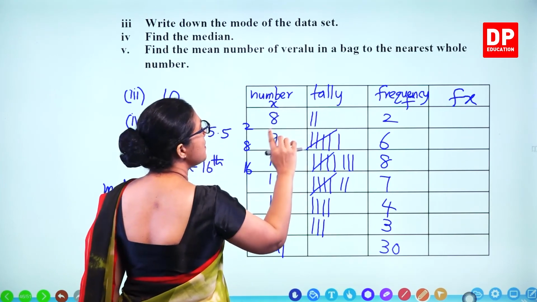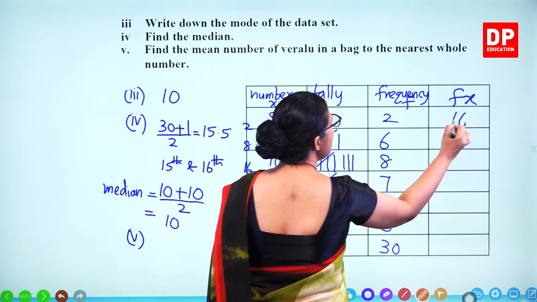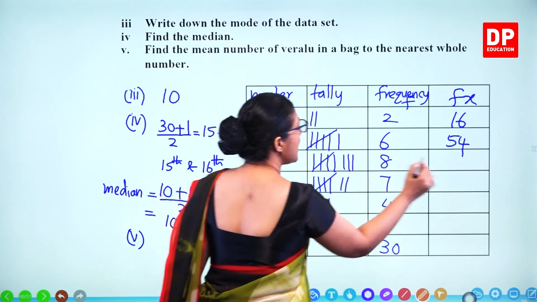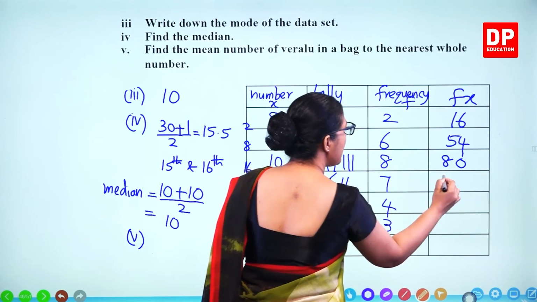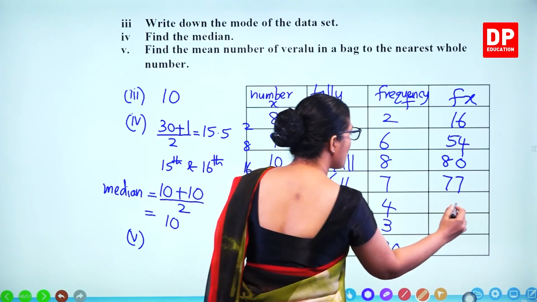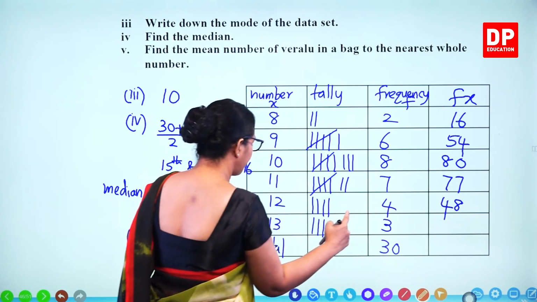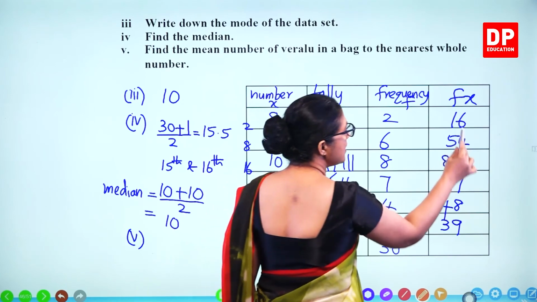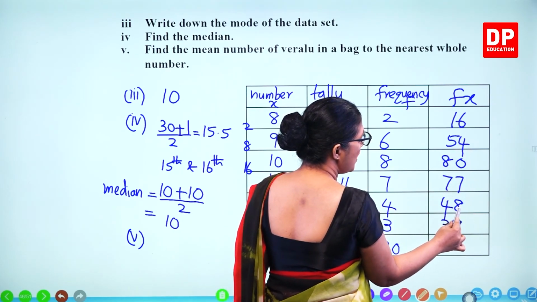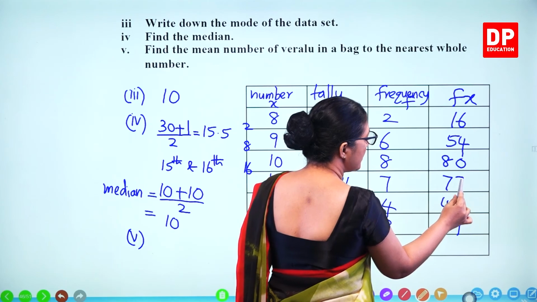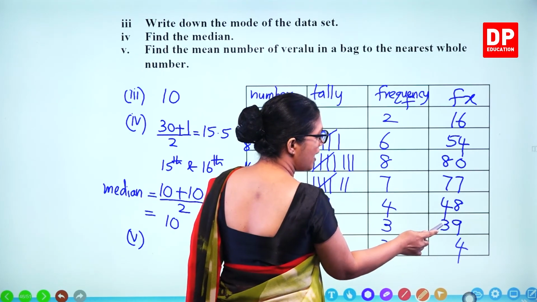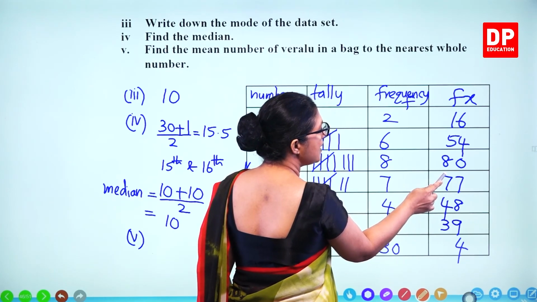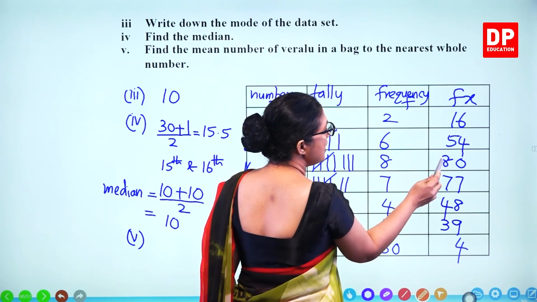F and x multiplication. 8 times 2, 16. 9 times 6, 54. 10 times 8, 80. 7 times 11, 77. 4 times 12, 48. 3 times 13, 39. Now take the total. 16, 70, 150, 227, 275, 314.